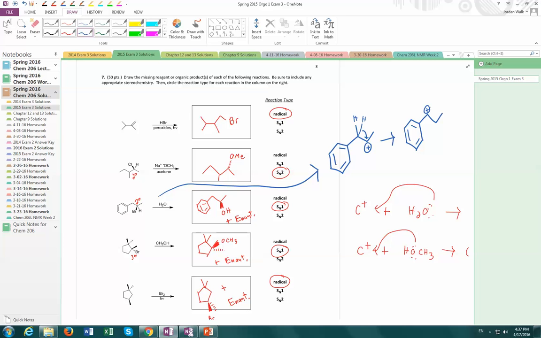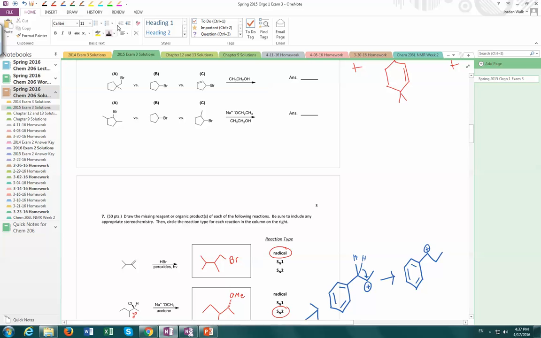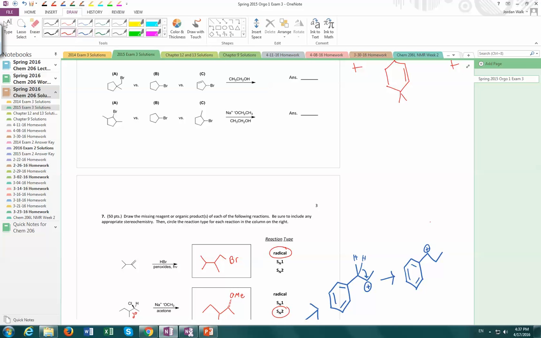Just for visual help, can we draw the resonance structures of that more stable carbocation? So this would be one.